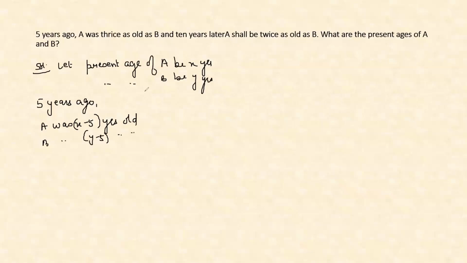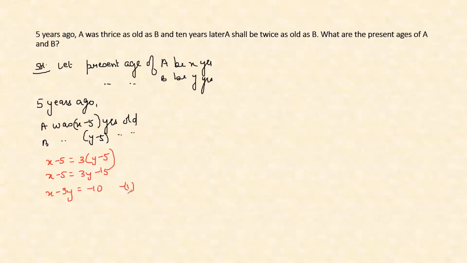Okay, now come to the equation. A was thrice as old as B. So if I make an equation, it is X minus 5 equal to 3Y minus 15 or X minus 3Y equals to minus 10.